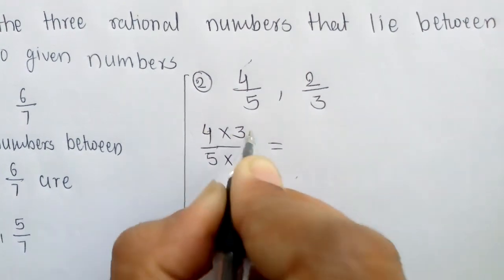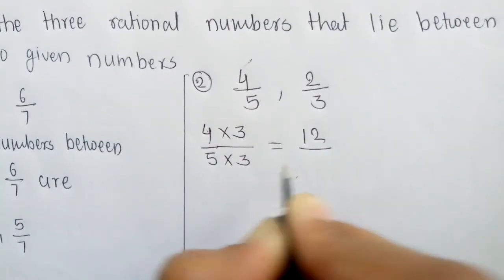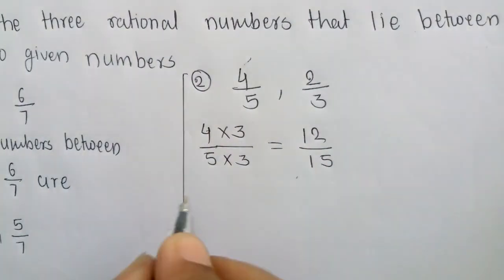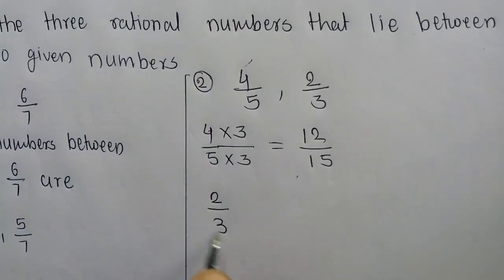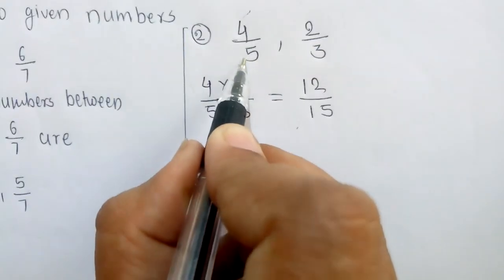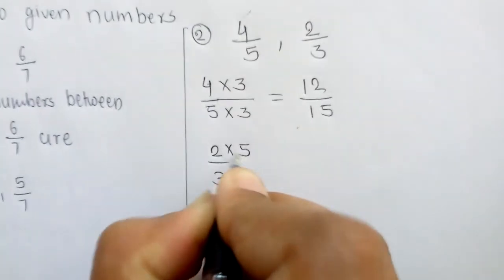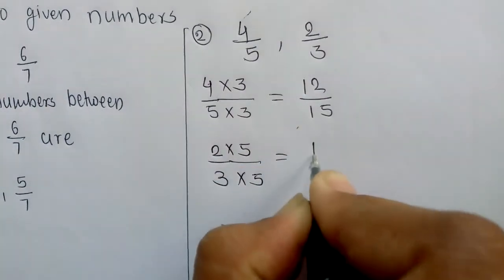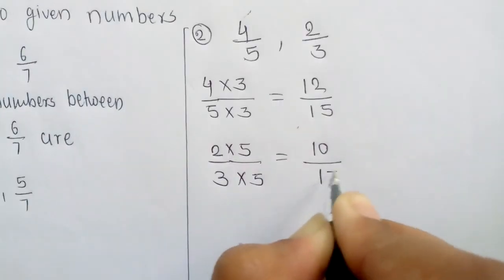So it will be 4 3s are 12 and 5 3s are 15. Now we will think about the next fraction, 2/3. For making denominators equal we have to multiply by the other denominator, that is 5. So 5 2s are 10 and 3 5s are 15.